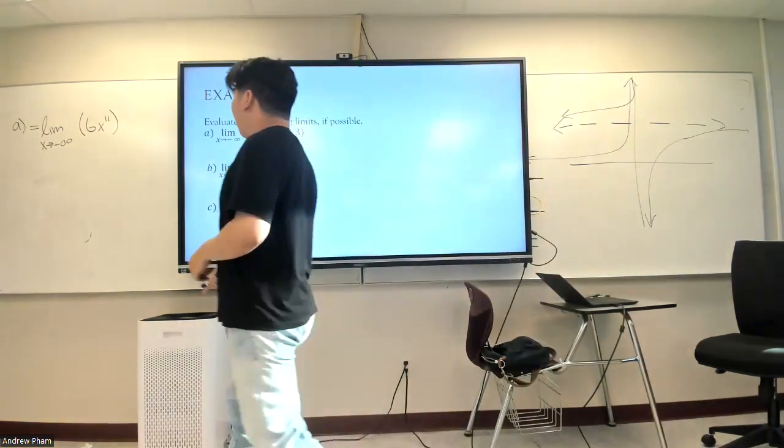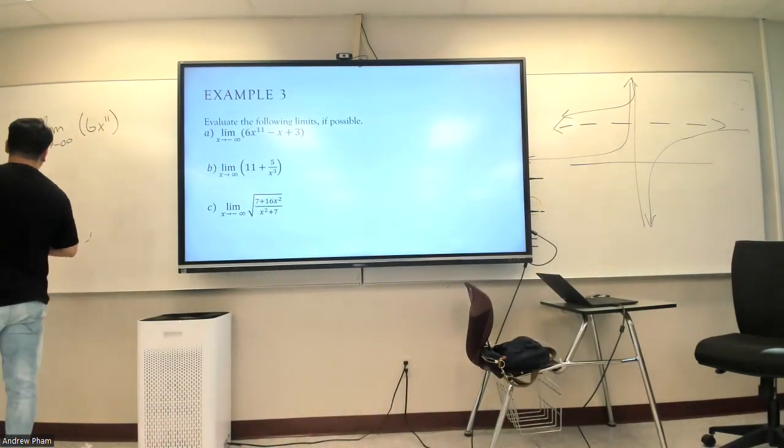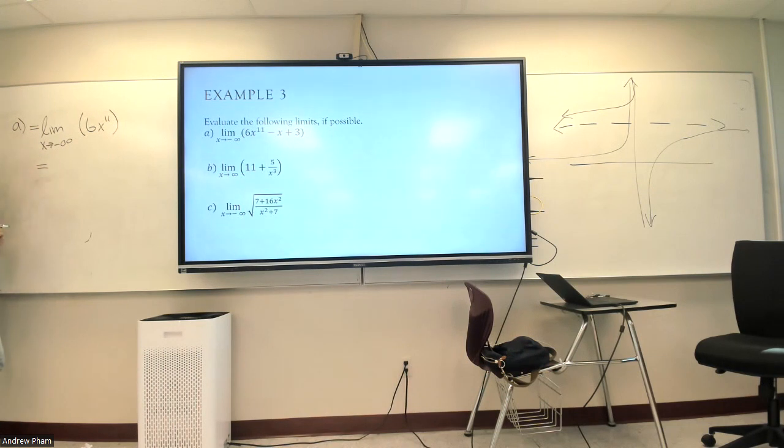All right, so someone tell me, what is this limit going to be equal to? What do you think it is going to be equal to? So if I look at this, I think I would agree that it's going to be what y'all said, negative infinity. Because, well, a negative number to an odd power is negative.